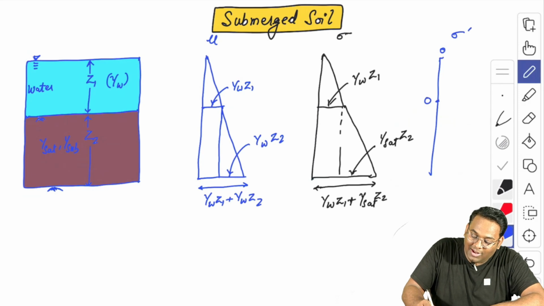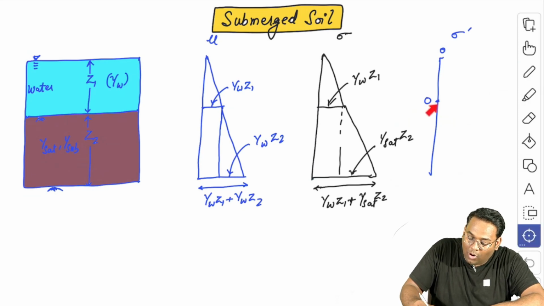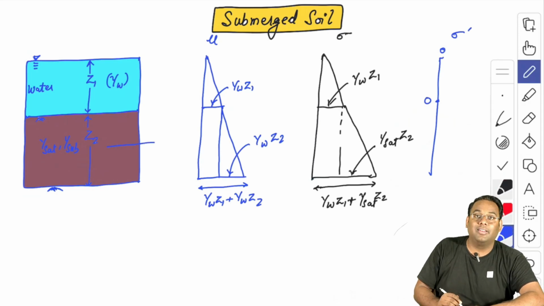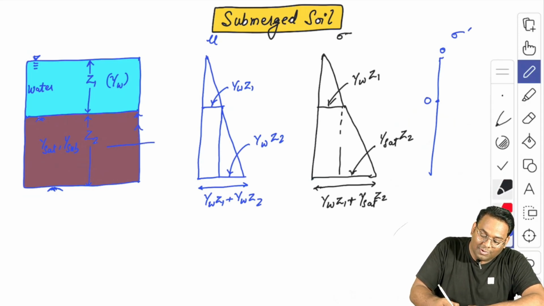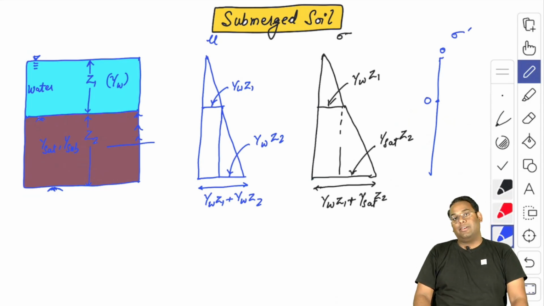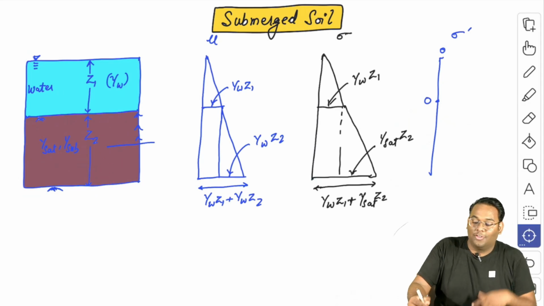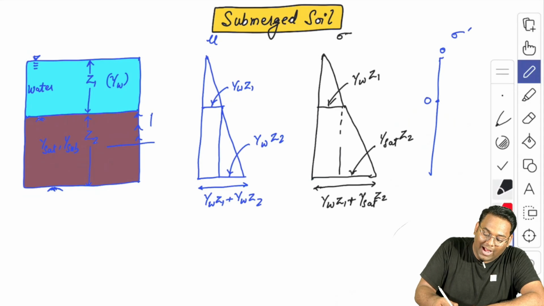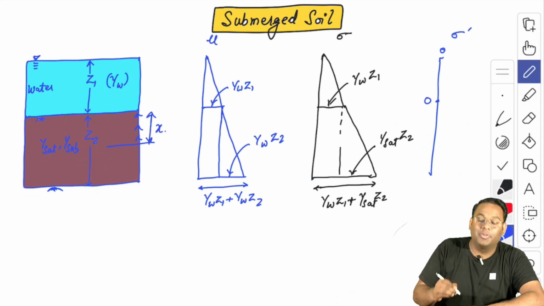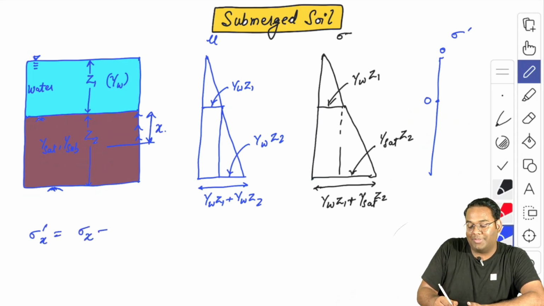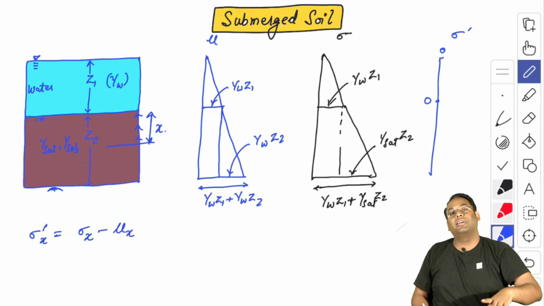But from here, as you move down from this level, you will see that there are some soil solids present above, and hence effective stress will not be zero after this in this layer. So if I am talking about a depth x from here, the effective stress at depth x will be the total stress at depth x minus the pore water pressure at depth x.